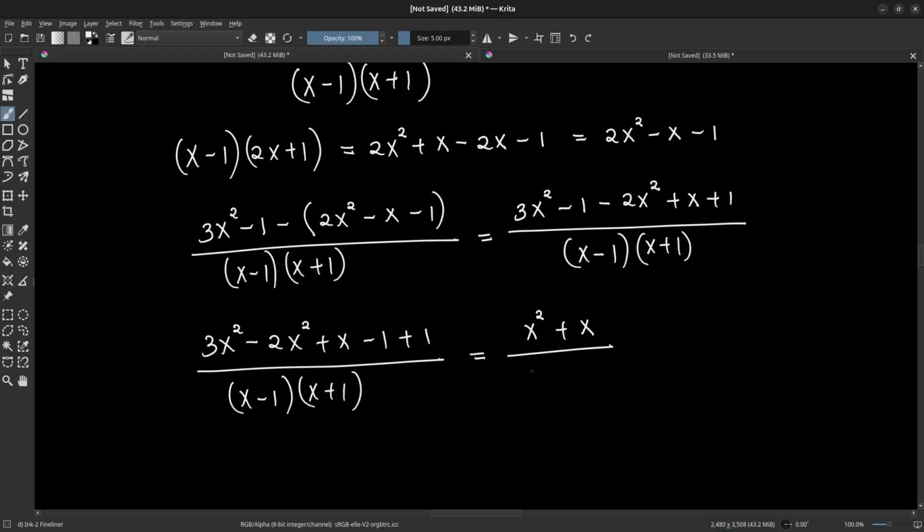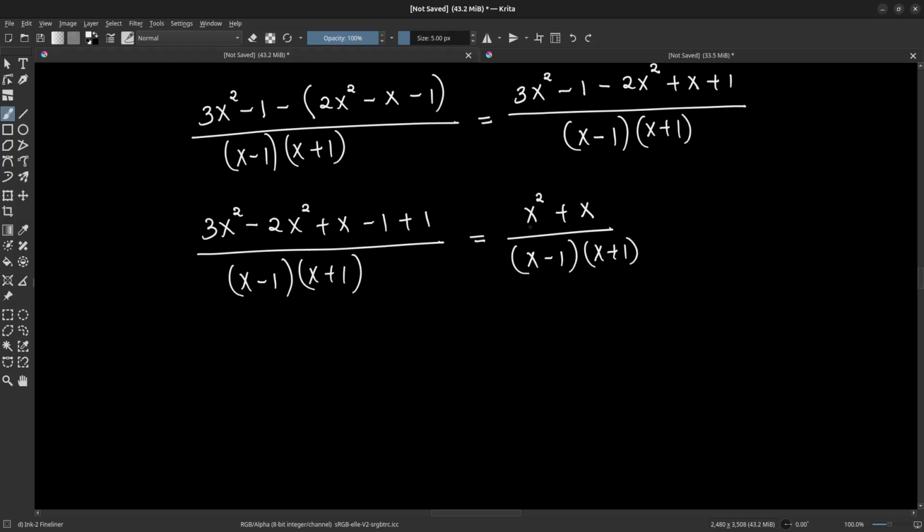Then on the denominator, we still have (x minus 1)(x plus 1). On the numerator, notice that we have a common factor, x, so we are going to factor it out. Factoring out x: x squared divided by x is x, plus x divided by x is 1. This is all over (x minus 1)(x plus 1).